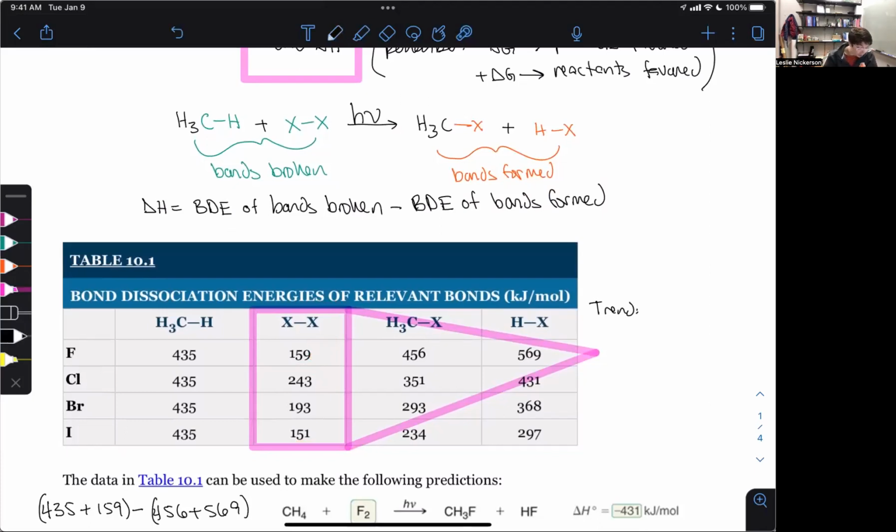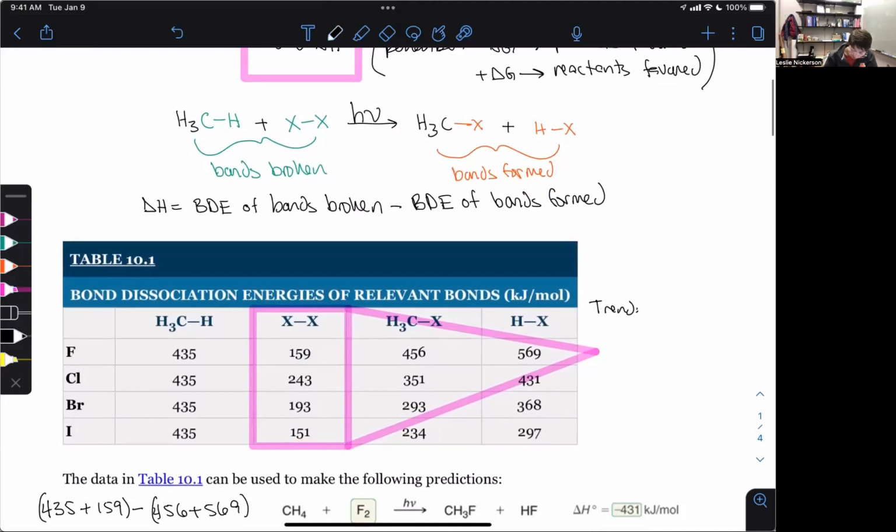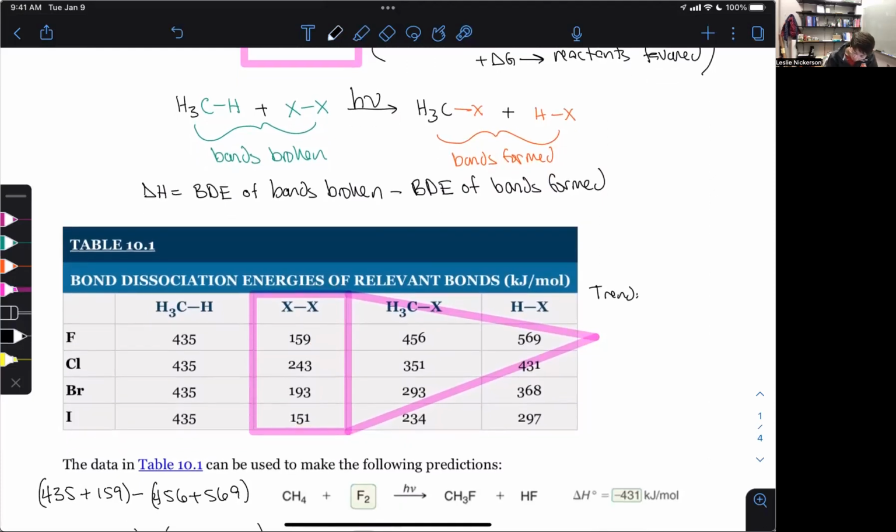So when we're looking at this trend, we want to think about the fact that when we've got fluorine and fluorine here, we're looking at something very different than the rest of the halogens. In this case, our fluorine atoms are actually so small that this bond is too short.